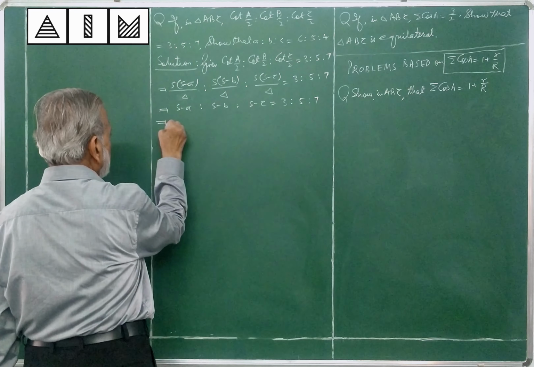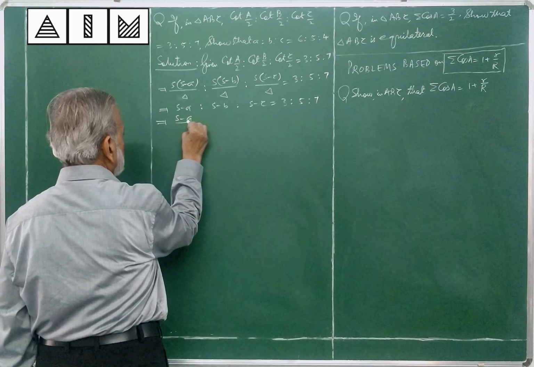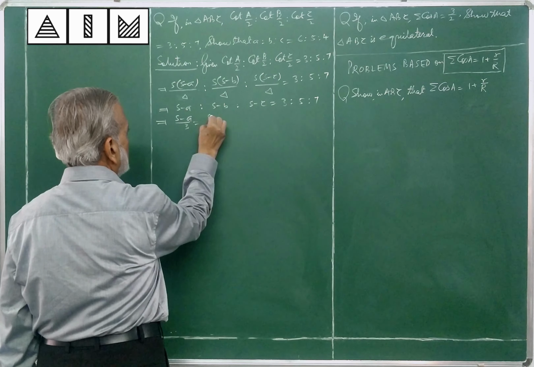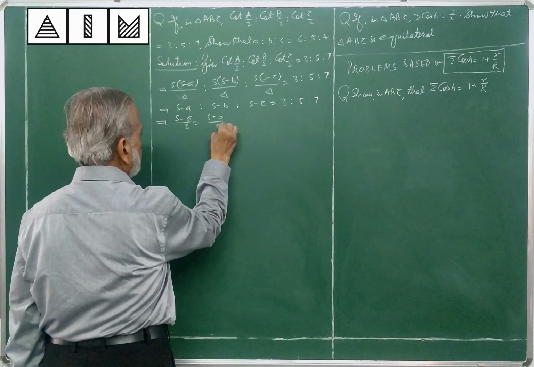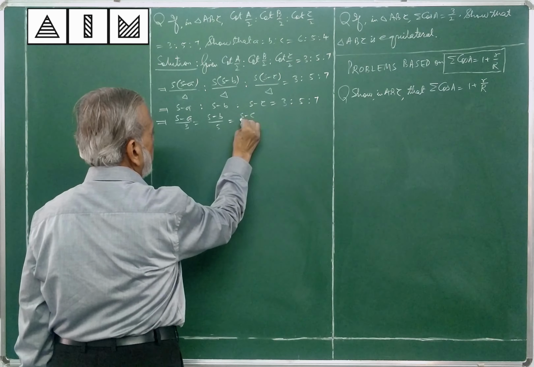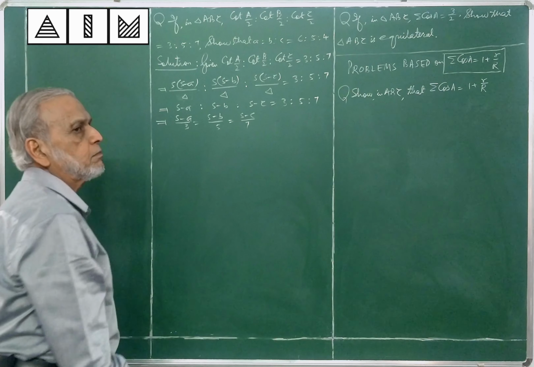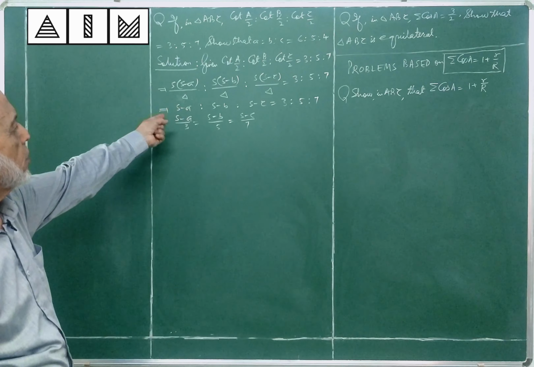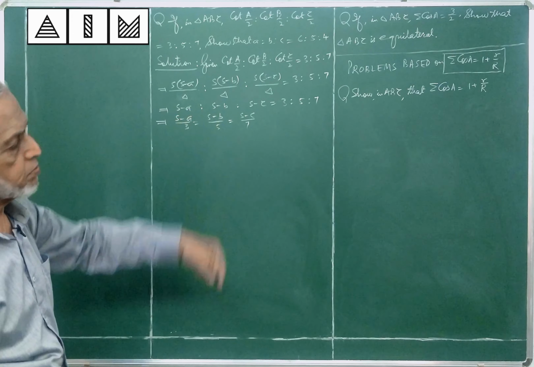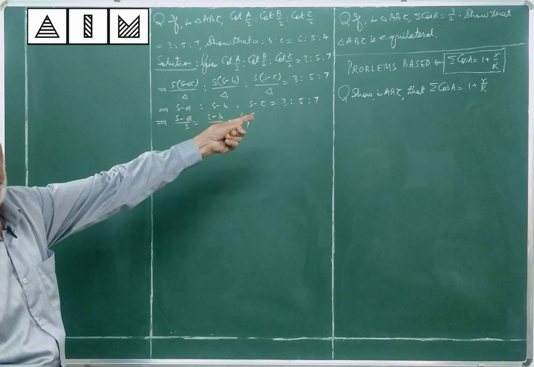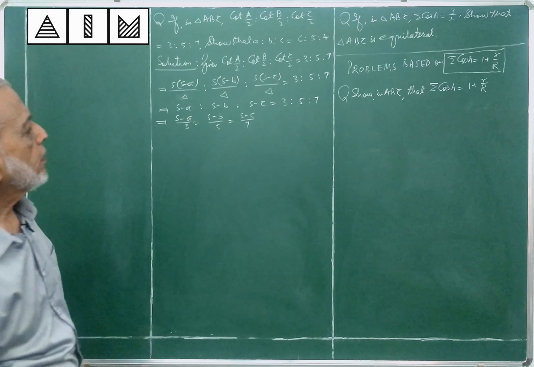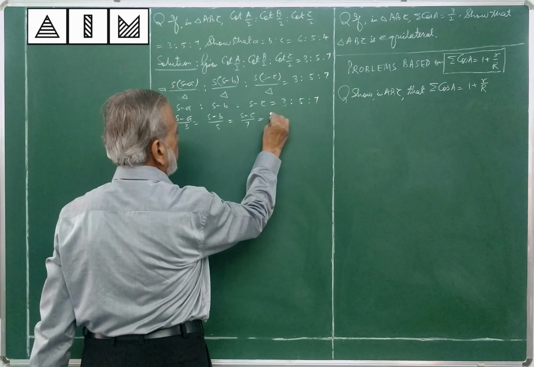This can be rewritten as S minus A by 3, S minus B by 5, S minus C by 7. Simple ratios. S minus A is to S minus B is to S minus C is 3 is to 5 is to 7, which can be rewritten as equal to, say, lambda.